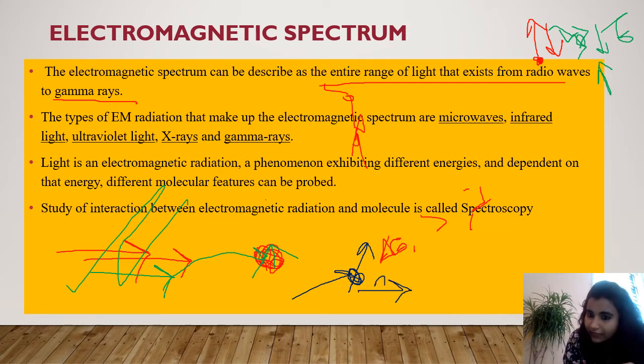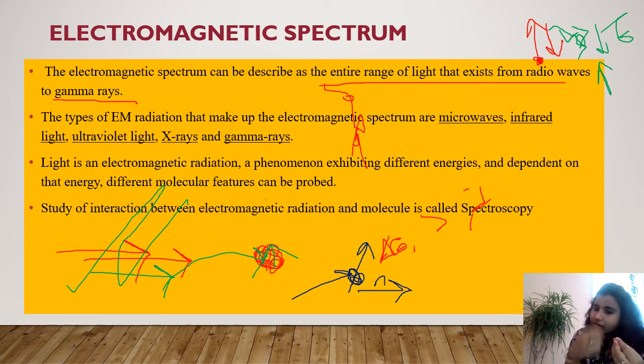So ultimately, from this light, what we gain is that when you expose a biological sample or any other sample, suppose this is a sample and this is a light. When this sample is exposed to light, once the light interacts with the sample, there are changes in both the sample and the light, right?